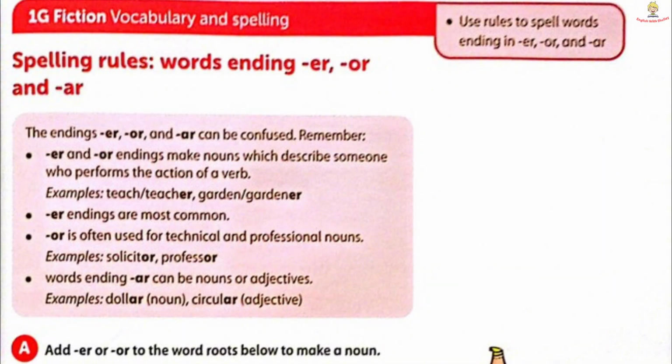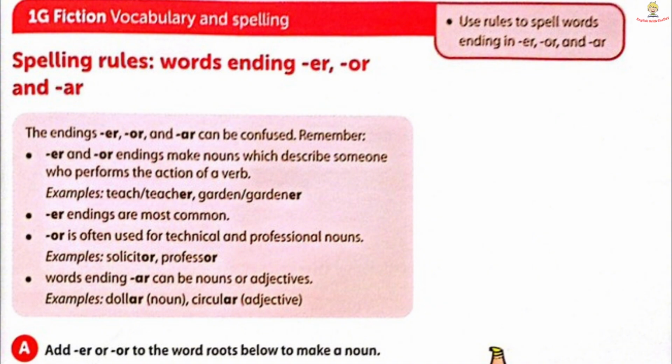For example, teach. Teach is a verb and when we add er it becomes teacher, and this is a noun. Garden, gardener. When we add er it becomes gardener, the person who does that work.